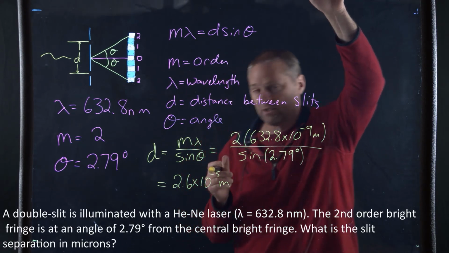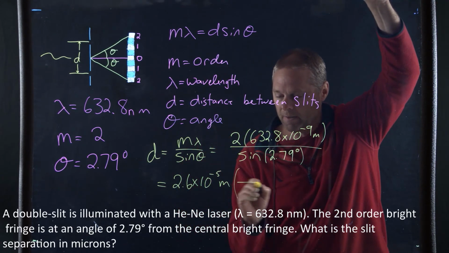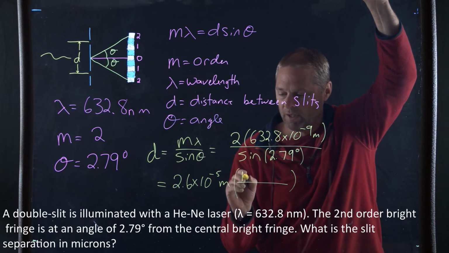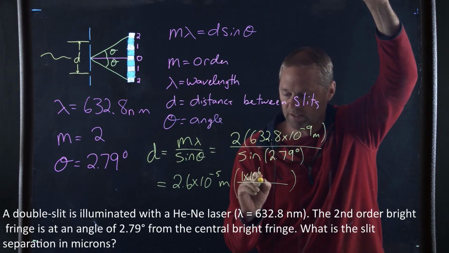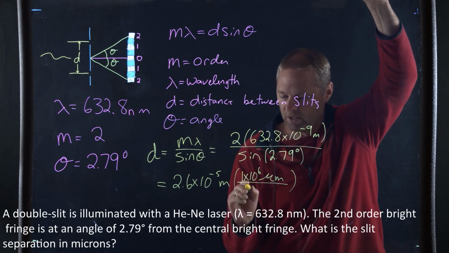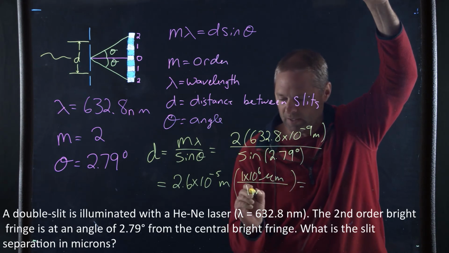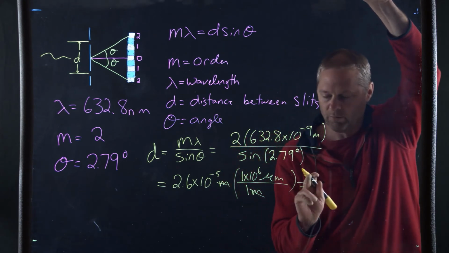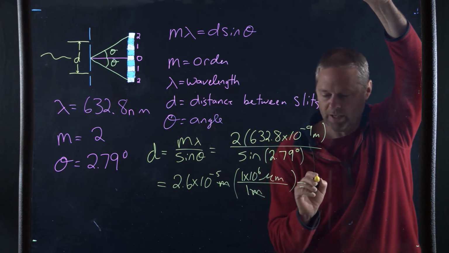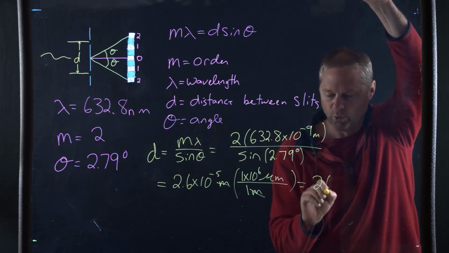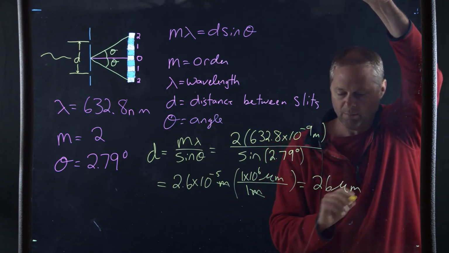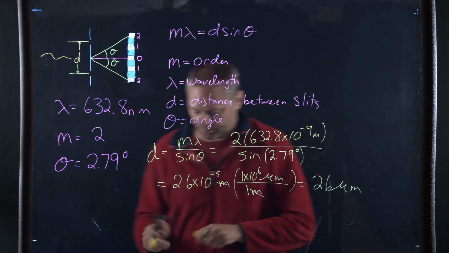Now the problem wants us to put it in microns, and so there's going to be 1 times 10 to the 6th microns per meter. The meter cancels, and we end up getting approximately 26 microns, or 26 micrometers.